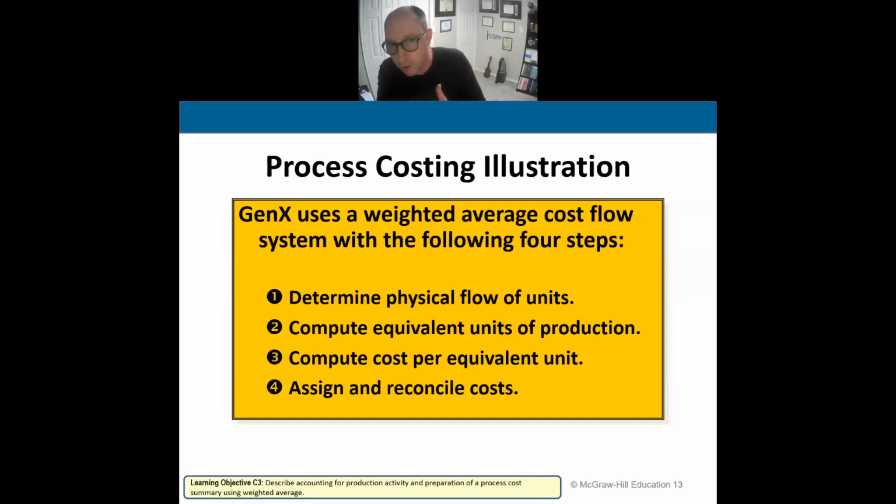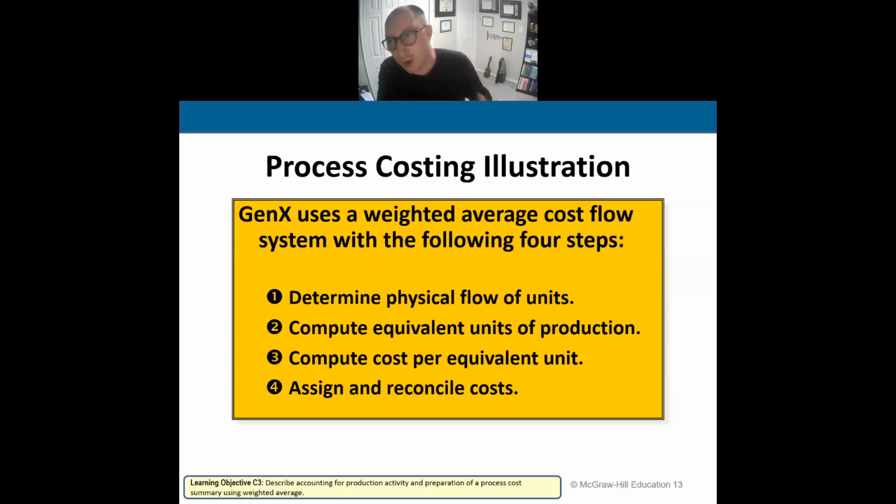That's the physical flow of units, but I'm going to have equivalent units, or partially completed units, sitting in each department at the end of the month.